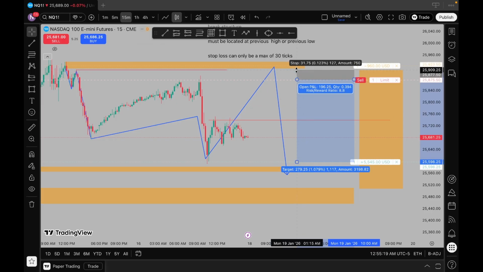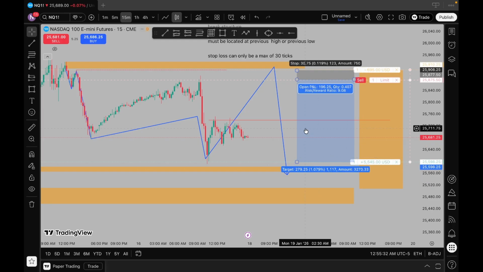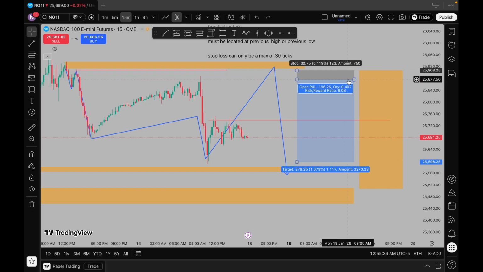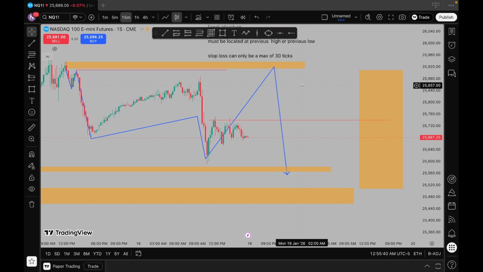Let's say you do a minimum of 30 ticks for your stop loss. It would be a $695 risk, and you would make $5 grand. That's with one mini contract.